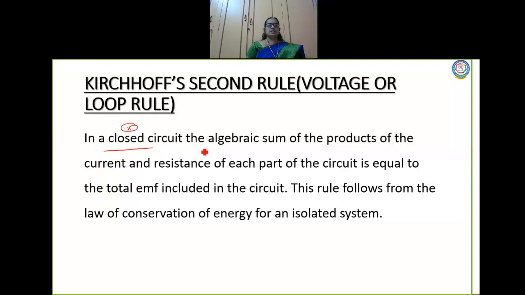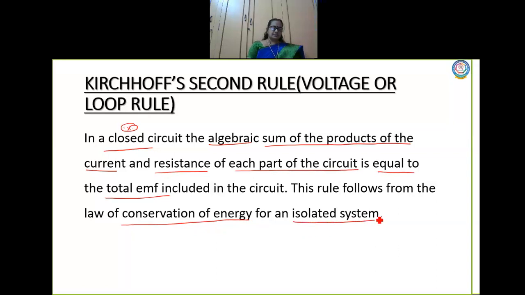In a closed circuit, the algebraic sum of the product of current and resistance of each part of the circuit is equal to the total EMF. Total EMF is the voltage included in the circuit. This rule follows from the law of conservation of energy for an isolated system.